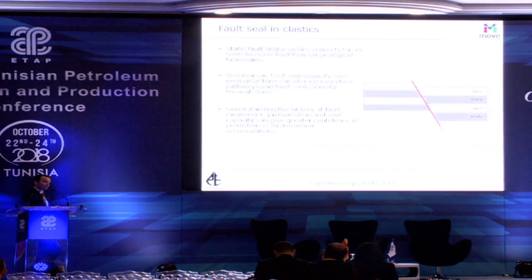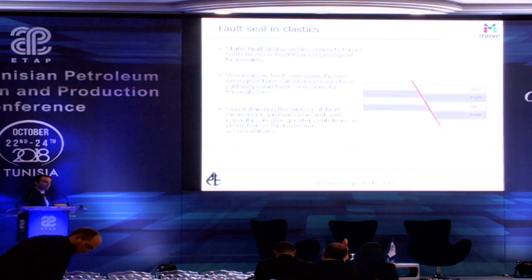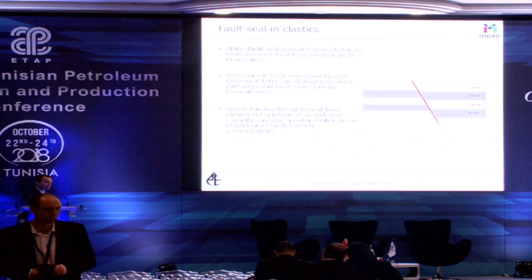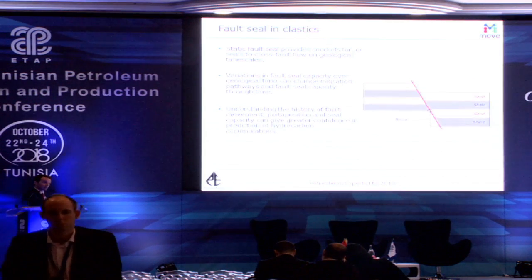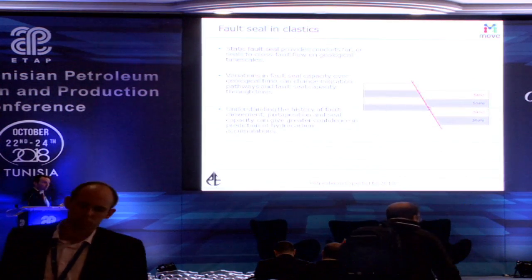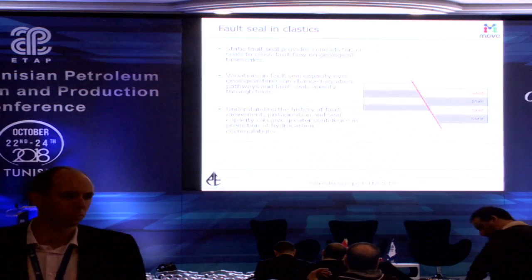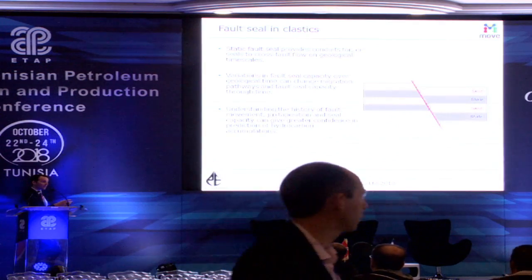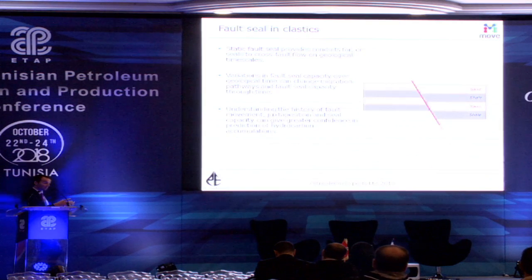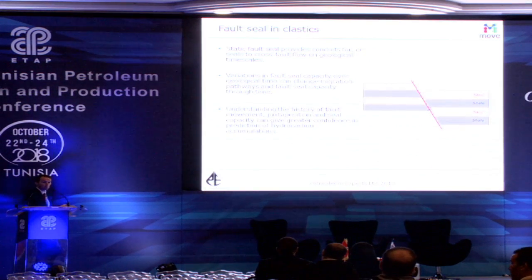So if expulsion from our source rock has taken place at any time other than the present day, then looking at fault seal just now is not really a valid method. We have to take into account the fact that the juxtaposition and all of the fault sealing properties may have changed from the time of expulsion to the present day.